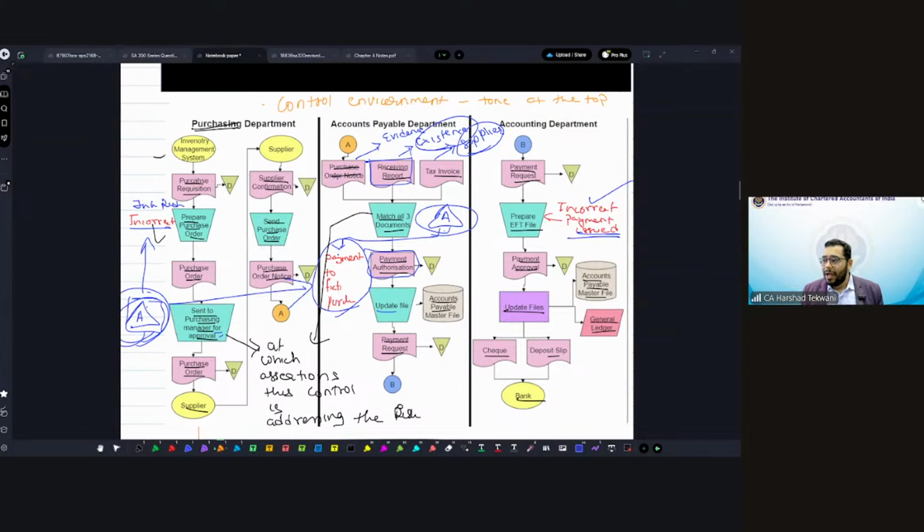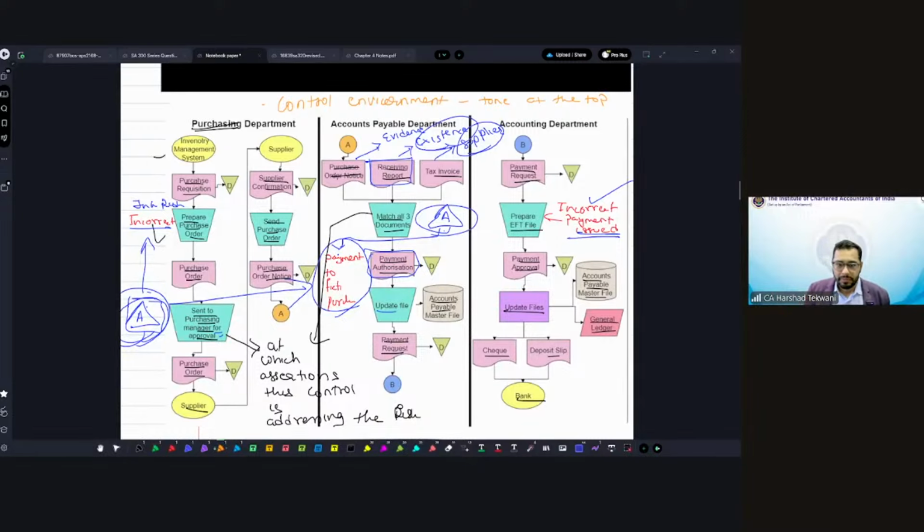Now, second, why this was created. The second component of internal control is the reason to have this. One was the tone at the top, the control environment, everything together. They wanted an environment from where things should flow. Second is to prevent the risk.